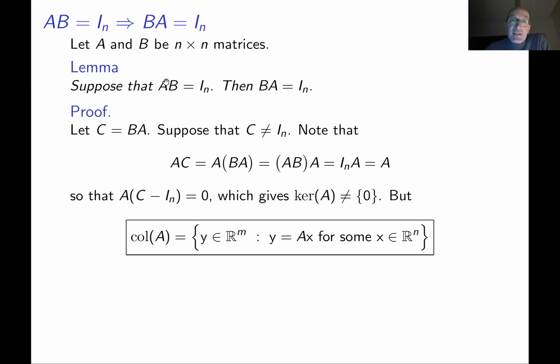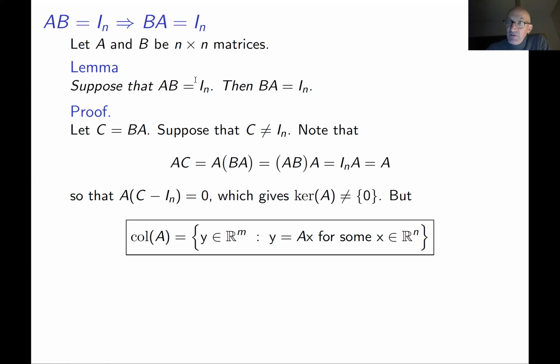Similarly, if you take the second column of matrix B and multiply it by A, you get the second column of the identity matrix, which is the second vector in the standard basis of R^n.